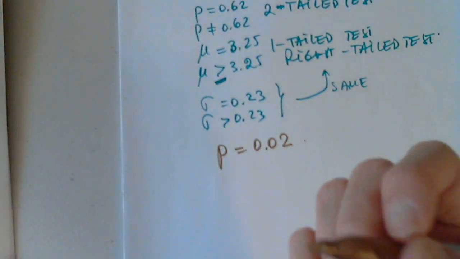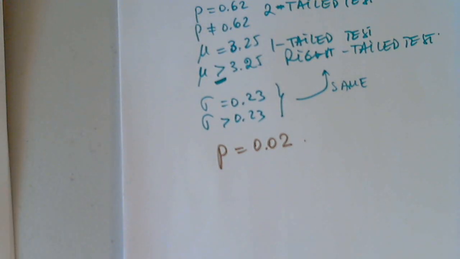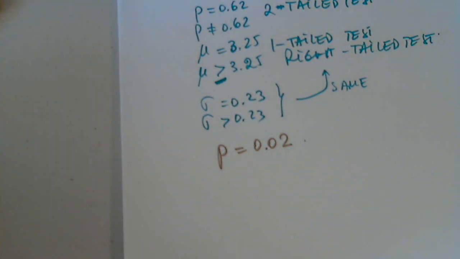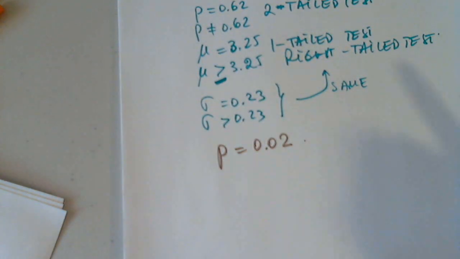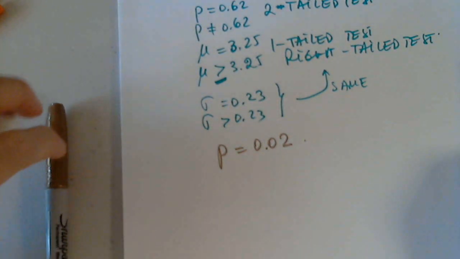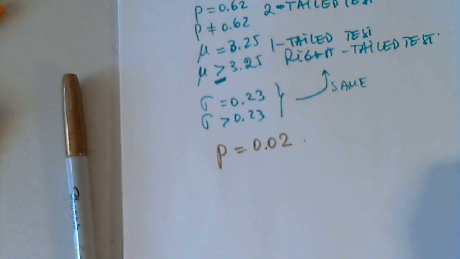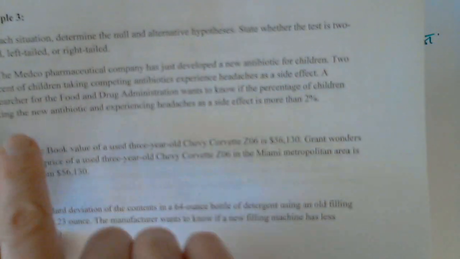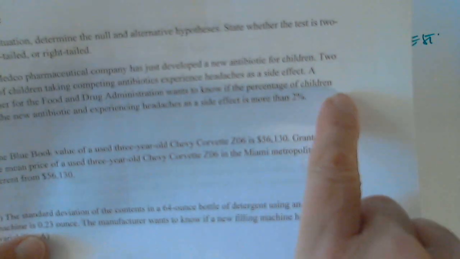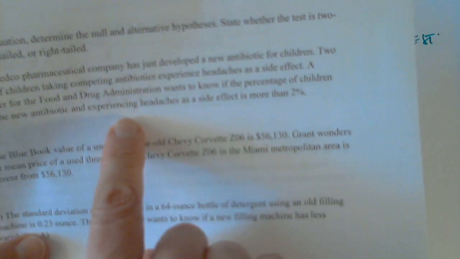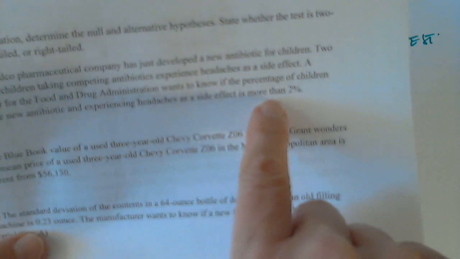Can anyone tell us what is the null hypothesis? What is the claim? What is the alternative hypothesis? What do you think? A researcher wants to know if the percentage of children taking the new antibiotic and experiencing headaches as a side effect is more than 2%.